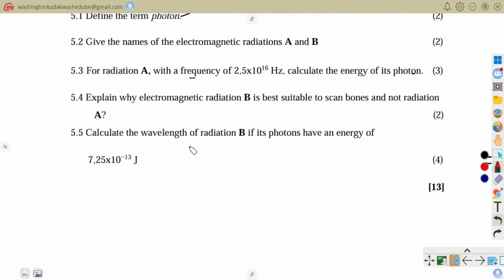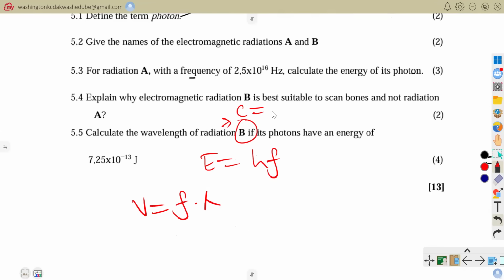Now, calculate the wavelength of radiation B if its photons have an energy of that. We know that the energy of a photon is given by hf. And we know that v is equal to f lambda. Now, when we have radiation, this will take the speed of light, which is c, given by 3 times 10 to the power 8.